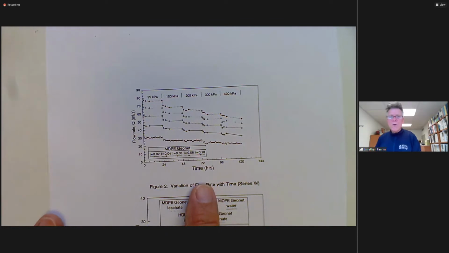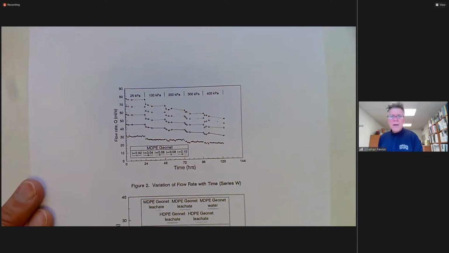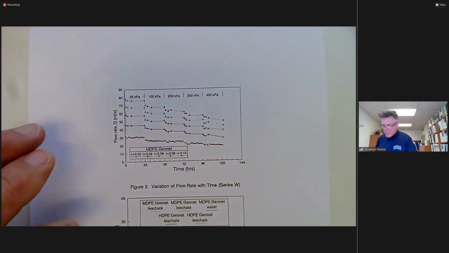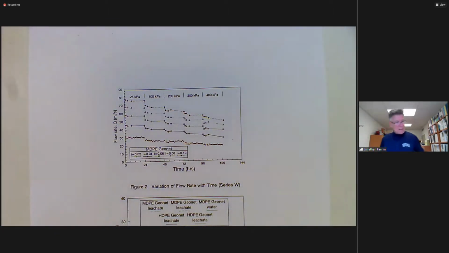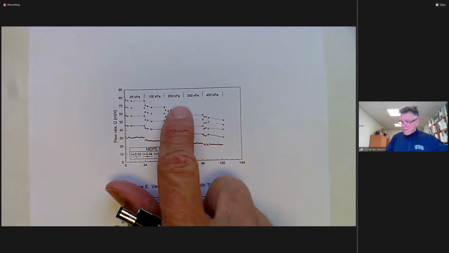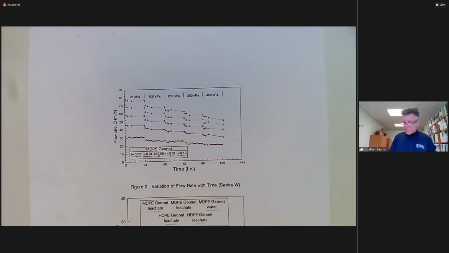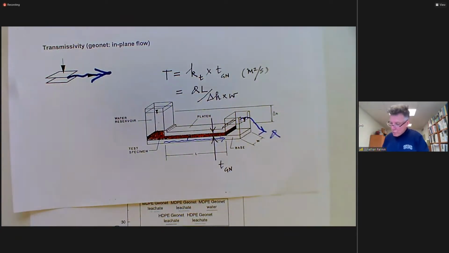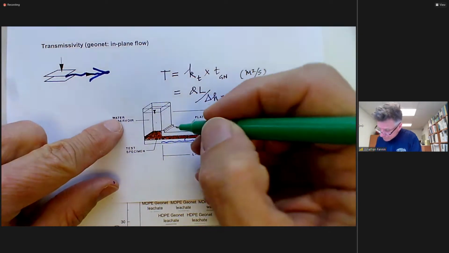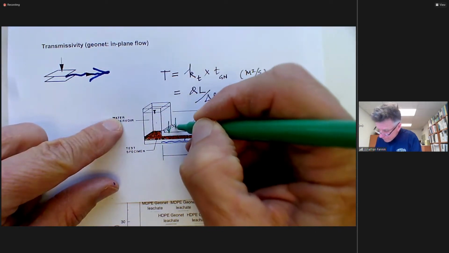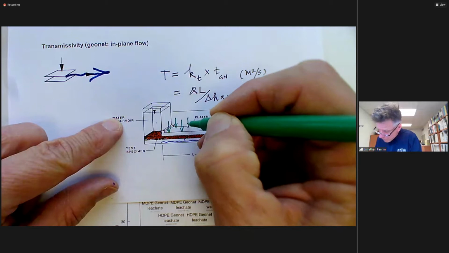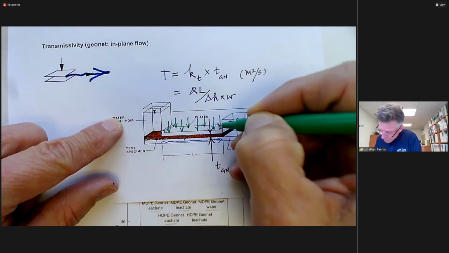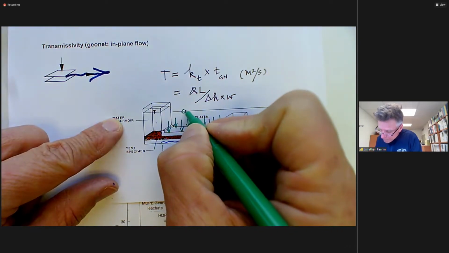So what are we looking at here in the way of these data? And let me see if I can split this up. There's transmissivity test data, and they've been performed at various normal stresses. So let me go back to this image here and put on a normal stress. Okay, so let's give that sigma.